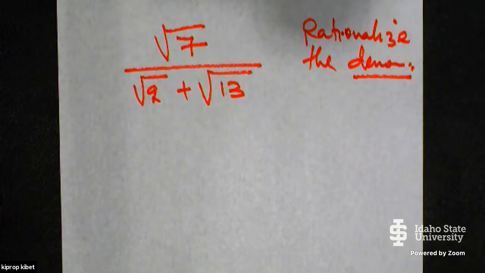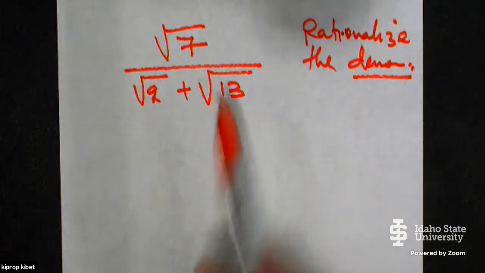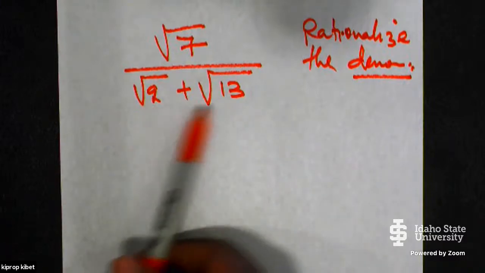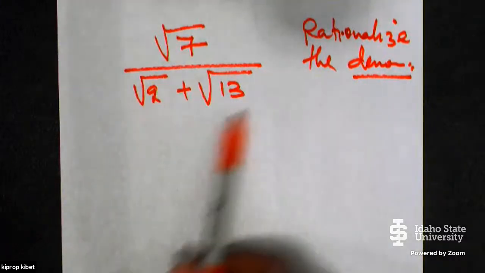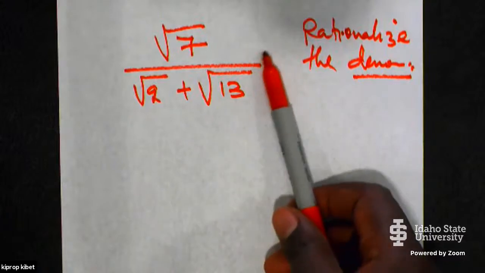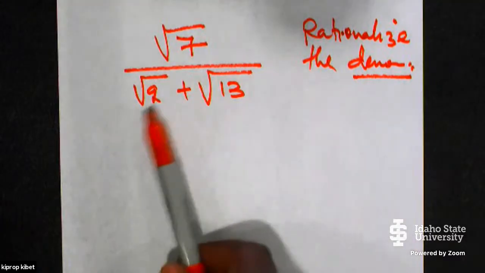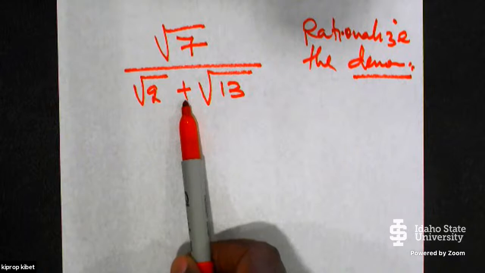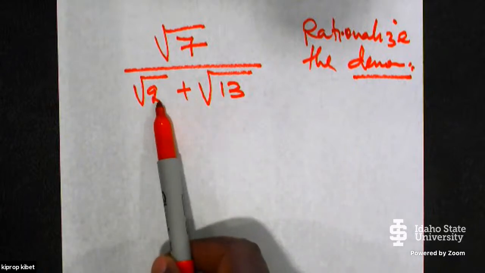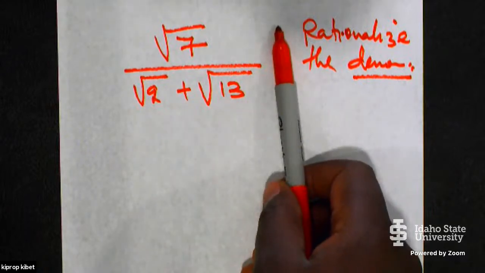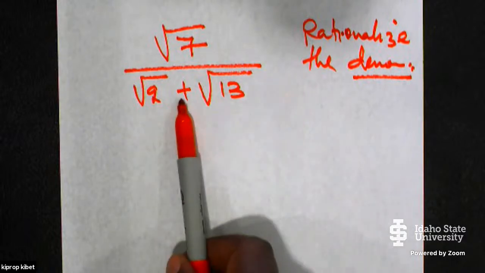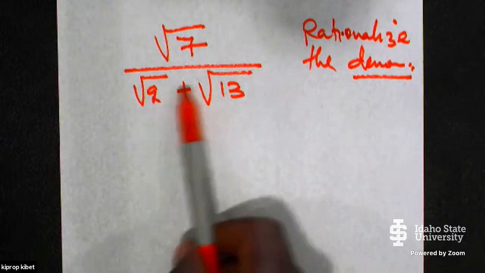Now, how should we rationalize the denominator? What we do is we multiply by what? We always call this one the conjugate, right? So we change the sign here. We multiply by this one in the denominator, and in the numerator, we multiply by the conjugate of this one.